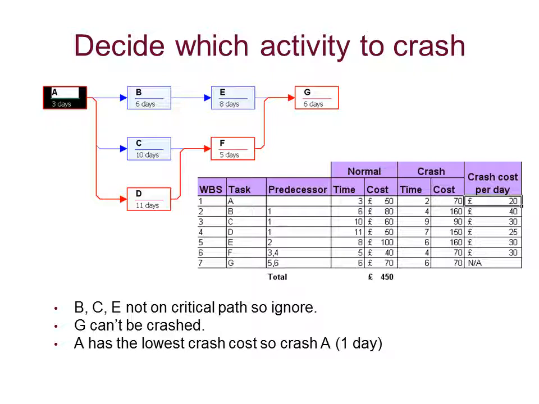So what we do is we look at the crash cost per day. Which one has the lowest crash cost per day? The answer is activity A, which we just looked at. We can remove 1 day from that activity to crash it, and it can crash down to 2 days. That'll cost us an additional £20 to the project.